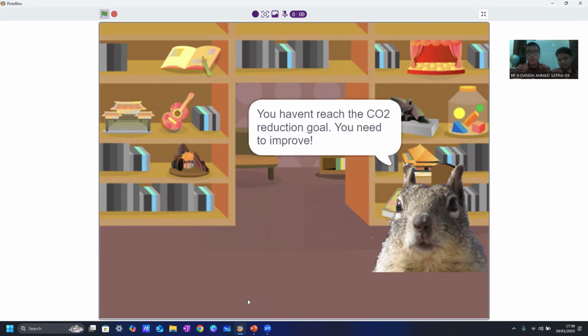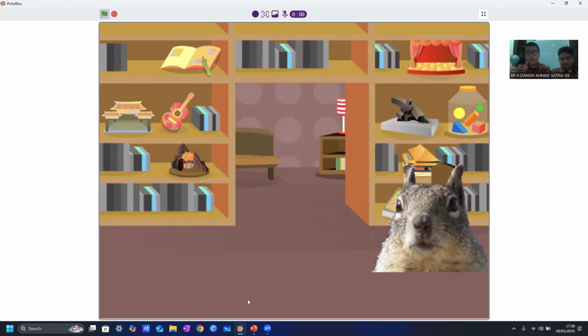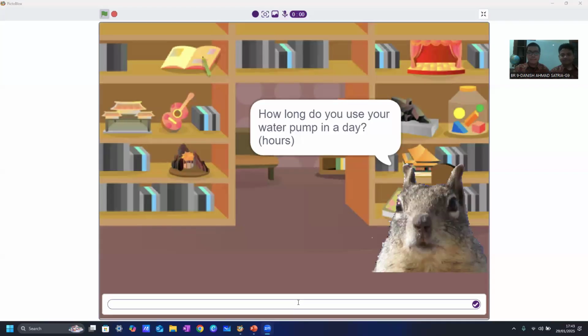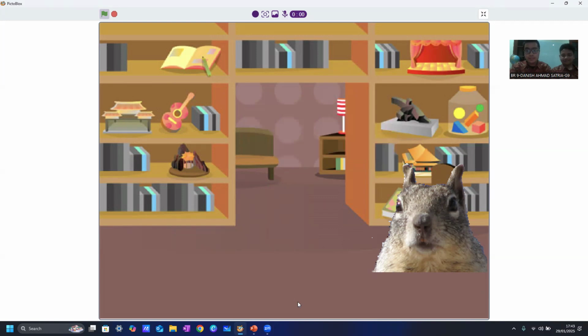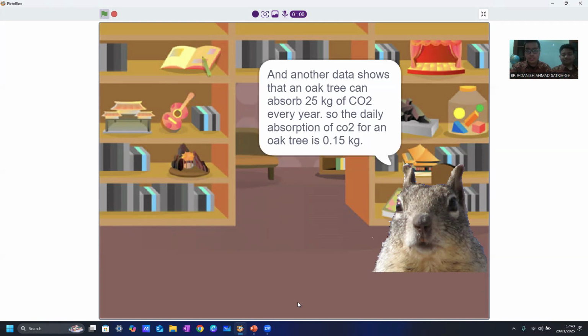And so the program will output that we haven't reached the reduction goal and we need to improve ourselves on using electricity. So we need to reduce the carbon production in your house. And to do so, we have to reduce it even more. And so in this instance, the amount of CO2 that we input is less than 50% of the CO2 before.